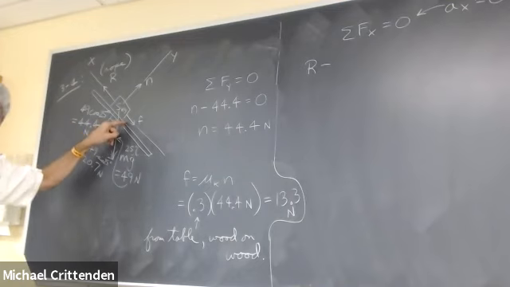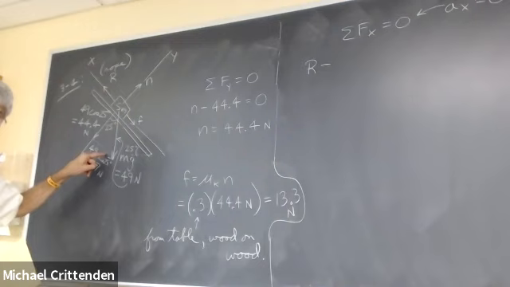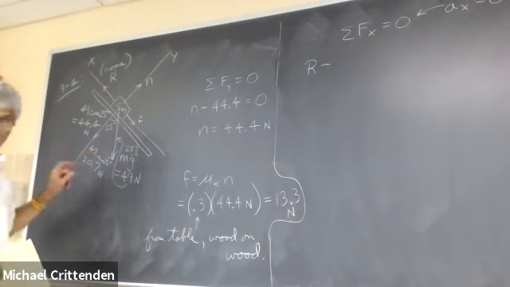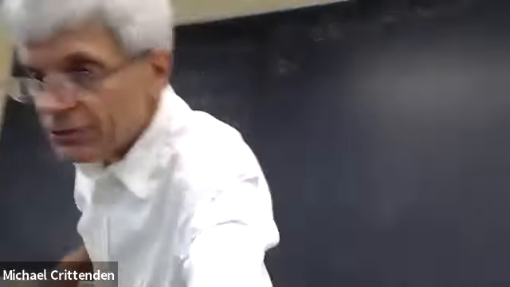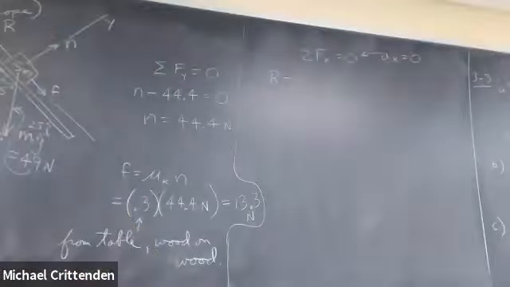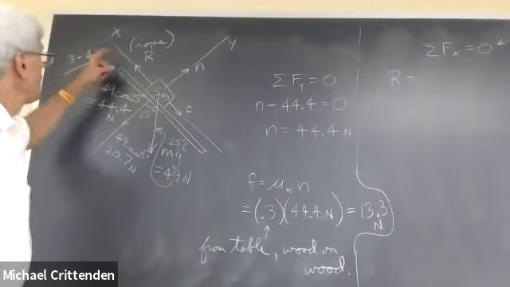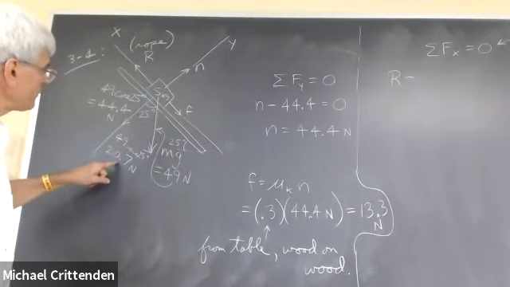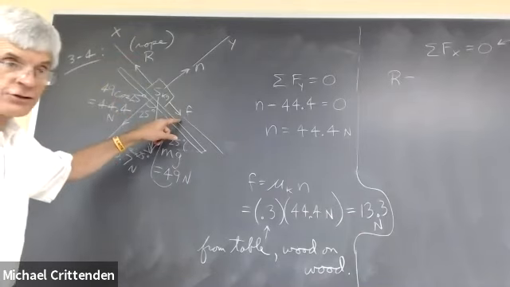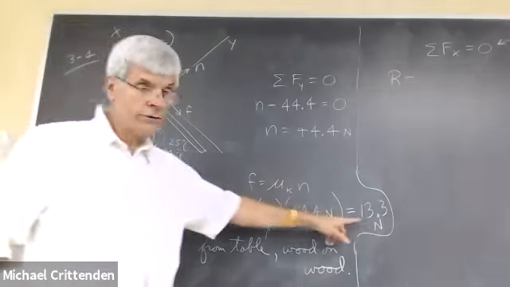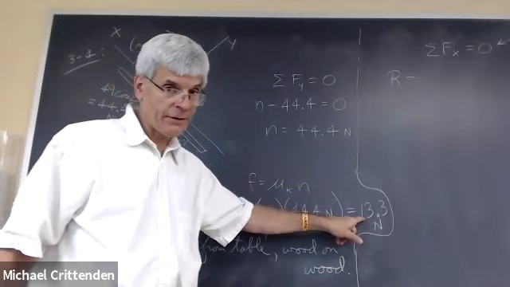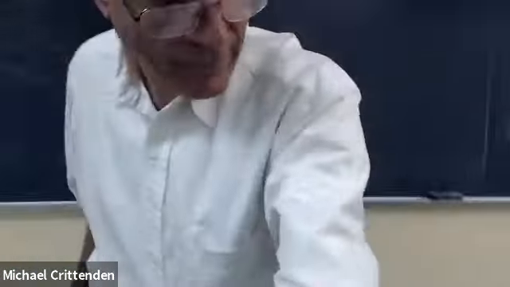I've got the friction force here, and I've got the x component of gravity, the 20.7, okay? So maybe I should put this back over here where you can see it better for just a moment. R uphill, 20.7 downhill, friction downhill, and I now know that friction is 13.3, okay?